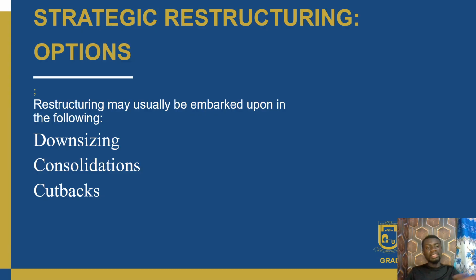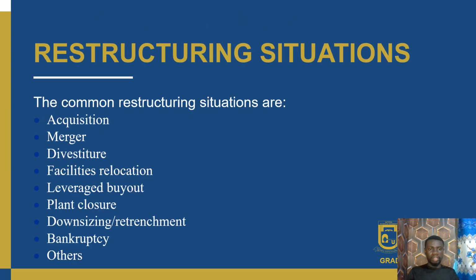Now for consolidation, it has to do with when two or more departments are brought together to perform the same functions, or their functions have been consolidated, like what His Excellency Mahama has done recently to the ministries. So these are some of the restructuring situations: acquisition, merger, divestiture, and other things.